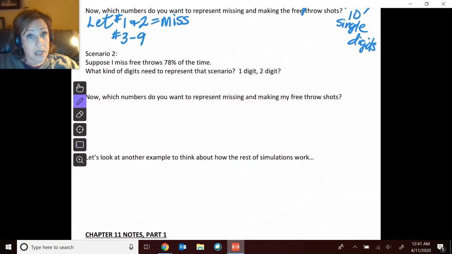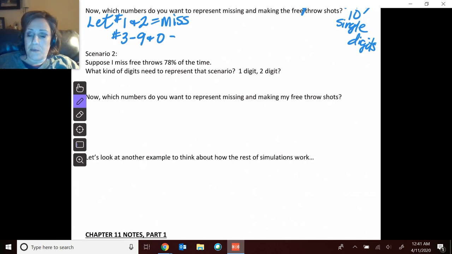Where's that 8th one for the 80% of the time you make it? What's the single digit missing? And that is the 0. In simulations, I typically think of the 0 as the 10th one, or the double 0 as the 100th one.